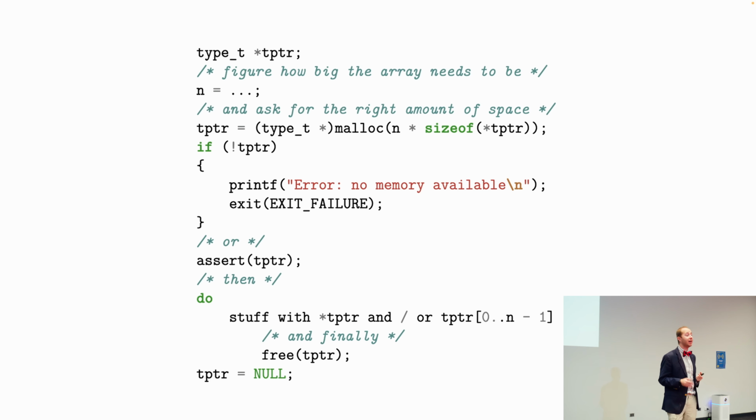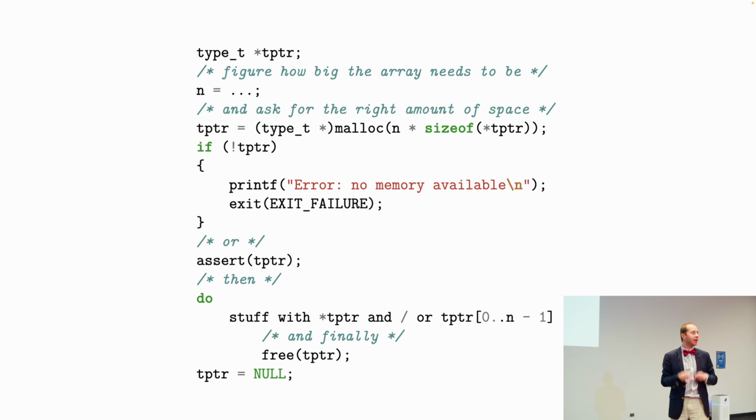We have our sizeof operator that allows us to figure out how much a single element of a given type consumes in memory. We then have a check to see if malloc succeeded. If the pointer is set to an actual memory address, we know that the allocation succeeded. If it's still 0, or if it's some value other than a valid memory address, we know that there is no memory available.